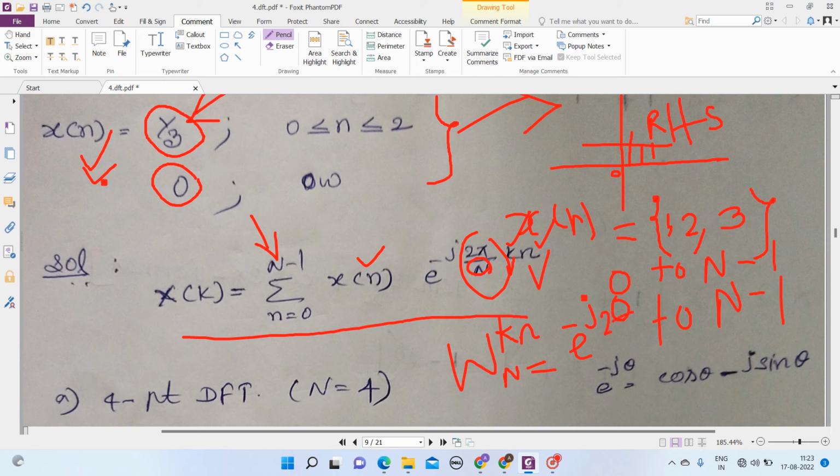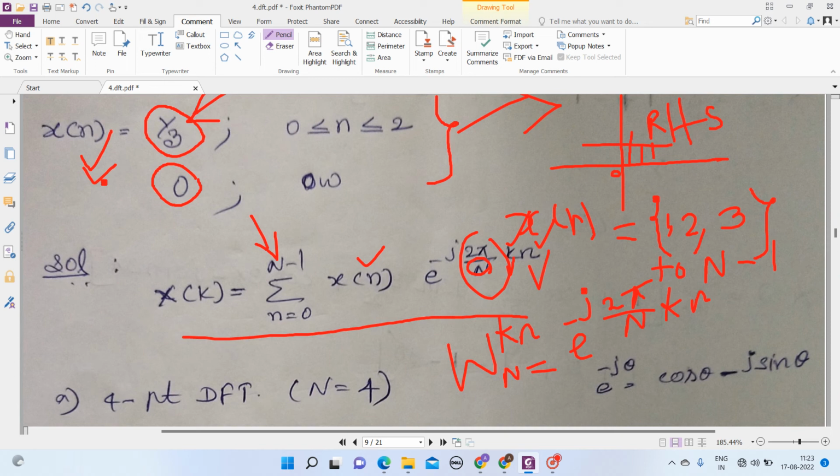So how can we represent W? W is e to the power of minus j 2 pi, with capital N coming here and small k and n appearing here.